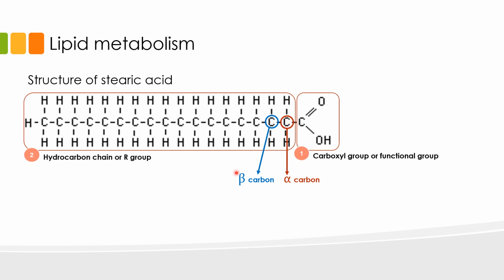We have here the carboxyl group, and then over here, the hydrocarbon chain or the R group. The first carbon following the carbon of the carboxyl group is the alpha carbon. The second carbon is called the beta carbon. When this fatty acid undergoes oxidation, this beta carbon will be the first carbon to undergo oxidation, hence the name beta oxidation.